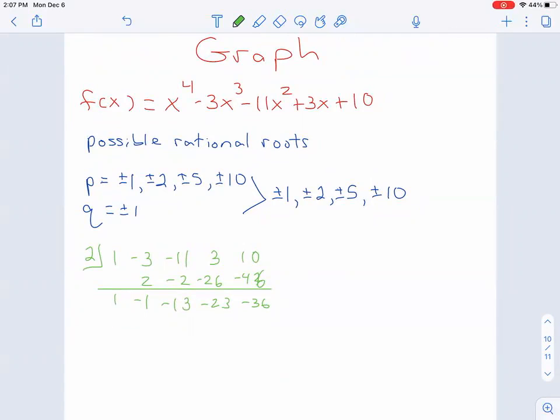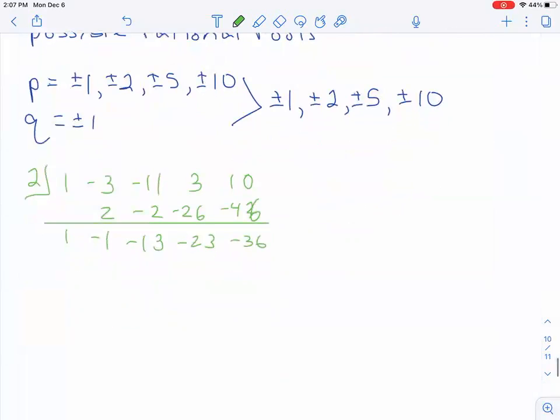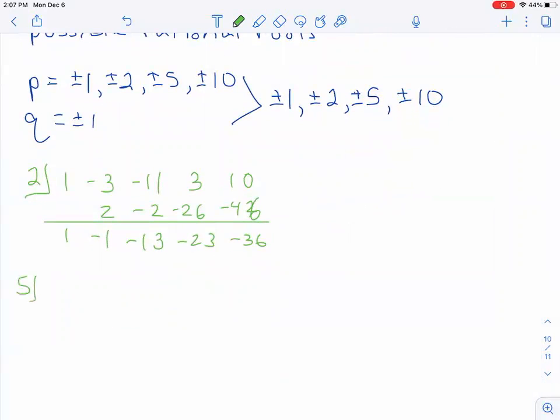So that stinks. We have to try another one from this list. Which one do you want to try next? 5. All right. So if I try 5, and I'll write this down real quick. You know, synthetic division is supposed to be quick. So I'll bring down the 1. 5 times 1 is 5.